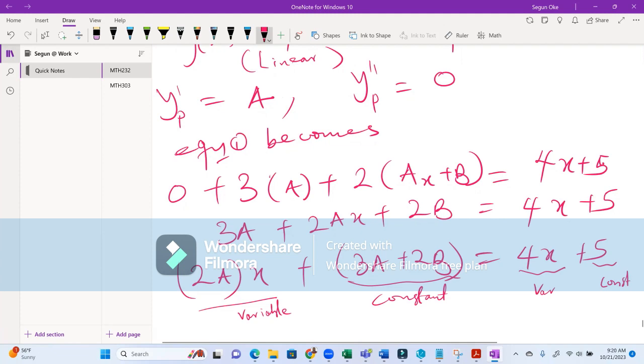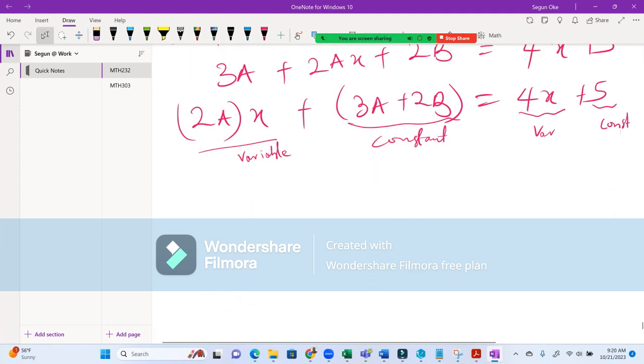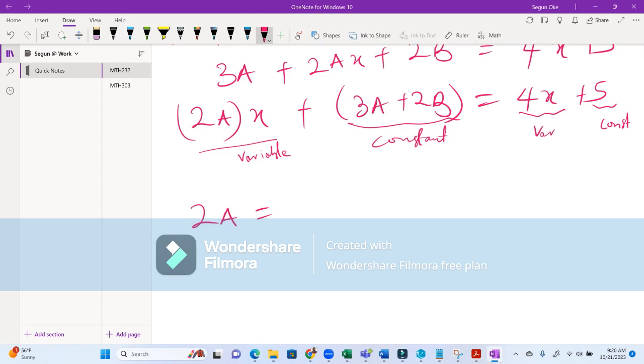Now, all you need to do is let's equate each of them together. The one with variable, we have what? 2a equals to what? Who can tell us? 4x. No. If you want to do that, when I put 2a, I assume x has cancelled. But let's write it together so that it won't confuse. 2ax equals to 4x.